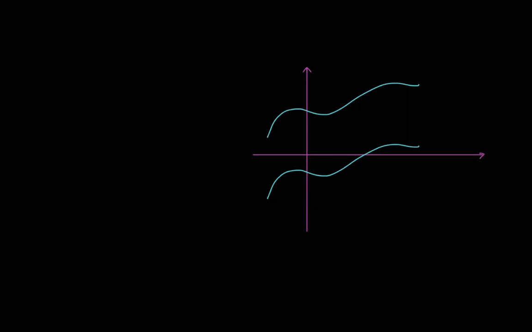Okay, so let's turn off some of these things here, and the easiest one to talk about is actually the vertical transformation. So for our function f of x, if we want to do a vertical translation, it's quite simple.